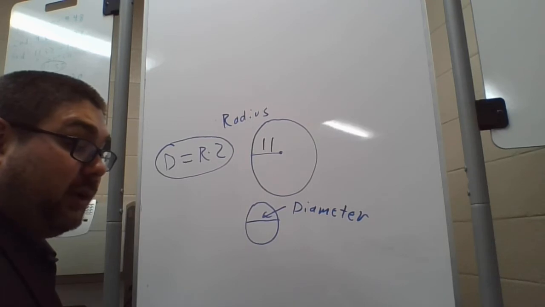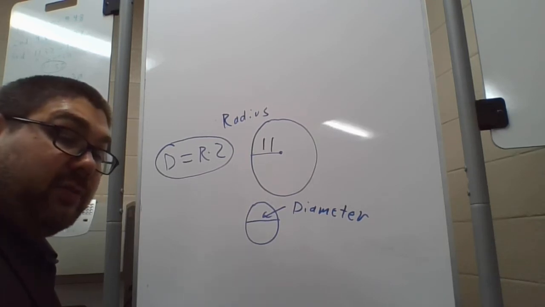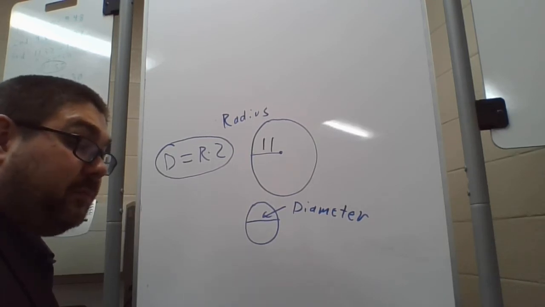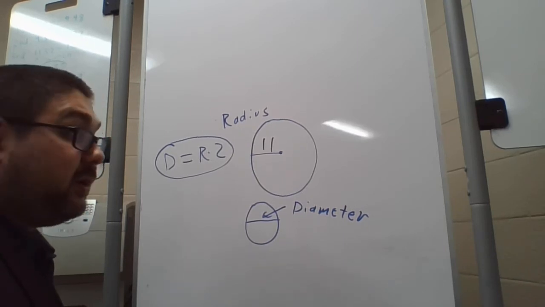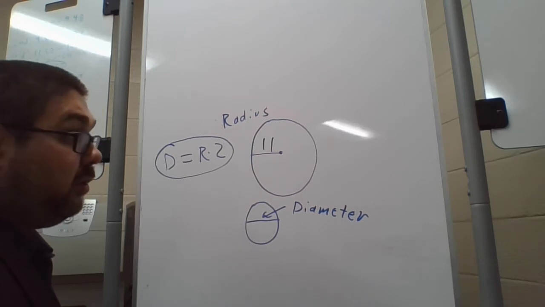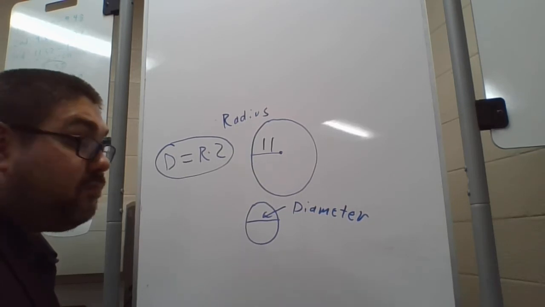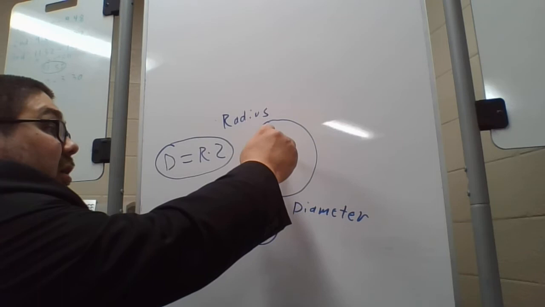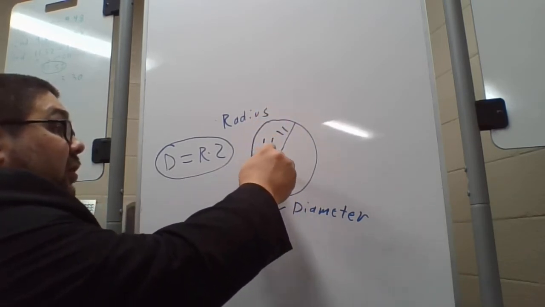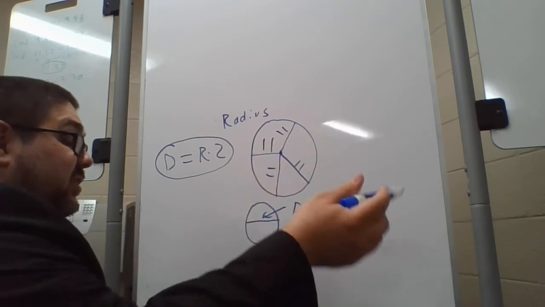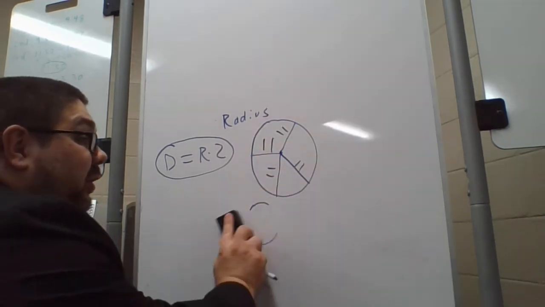Any line drawn from the middle of the circle to the edge of the circle is the same length no matter where it goes. For example, if I drew another radius, it would also be 11, 11, 11, and so on. They're all 11. That's the point.